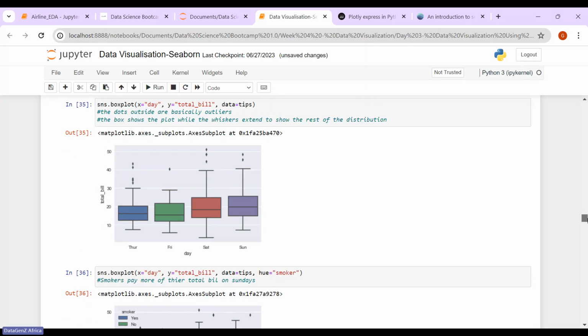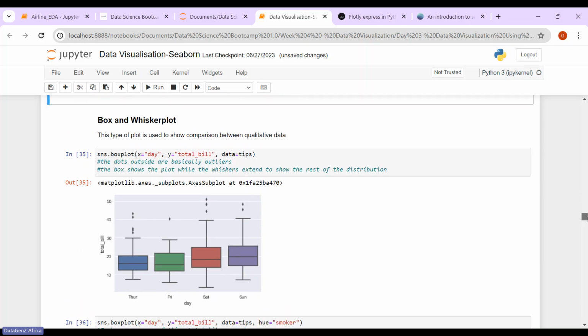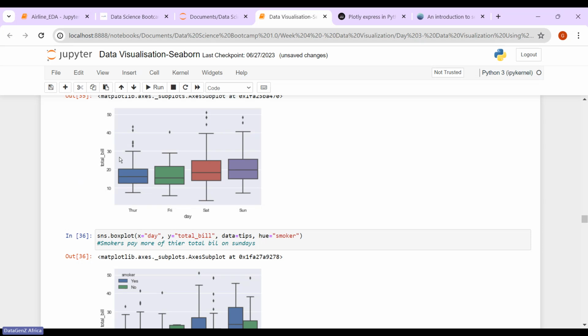All right. So the box plots, what do the box plots do? You can use them with qualitative data, that is data sets where you have a relationship between a categorical and a numerical feature.